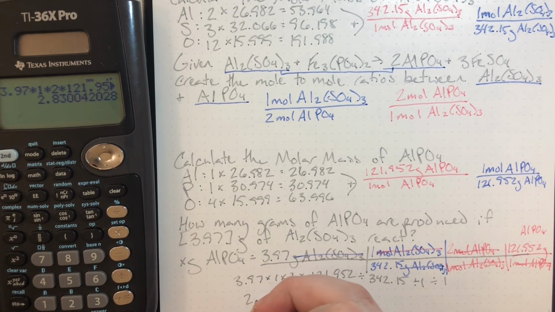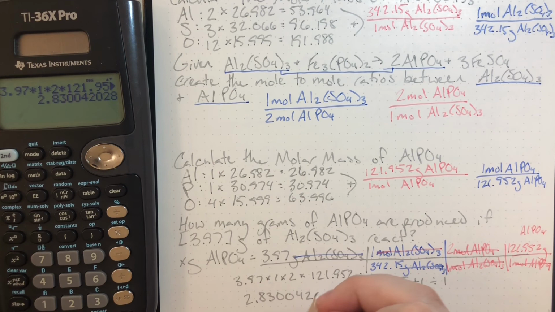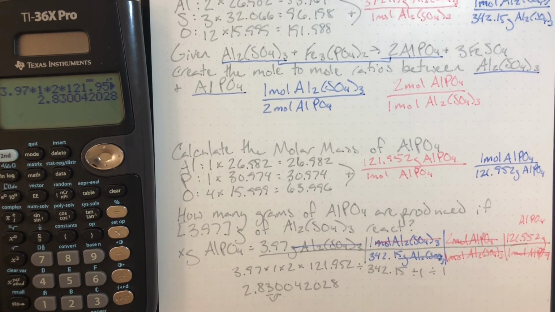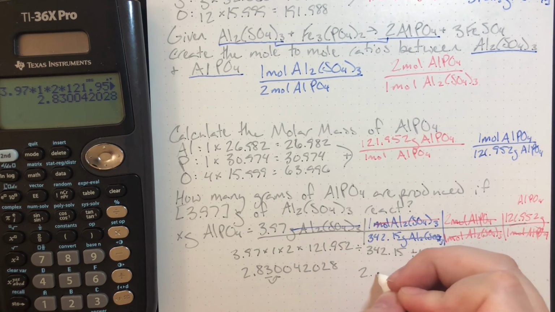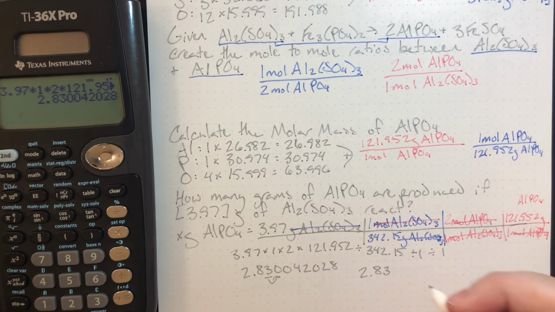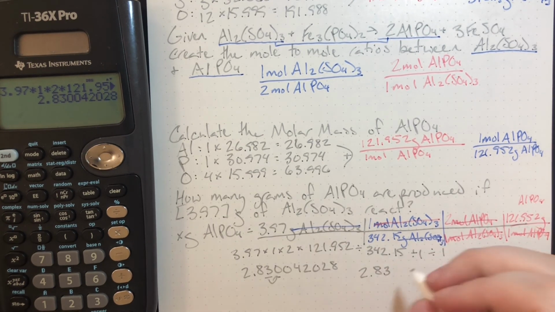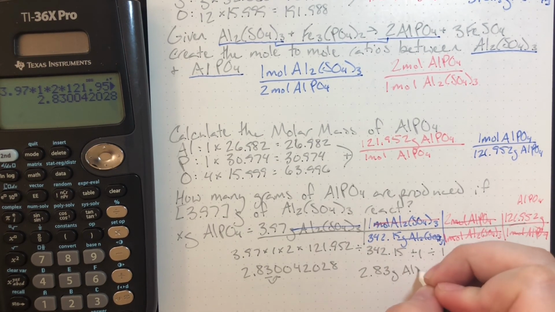When I do that, I get the number 2.83004. I stated that I wanted 2 decimal places, so this 3 is the last number that I would care about. I will look over to see if I need to round up. 0 does not make me round up. So that means that my final boxed answer would be 2.83, and only English left to add to my math, the unit that I said that I wanted, grams of aluminum phosphate.